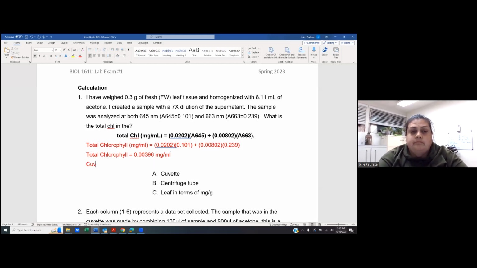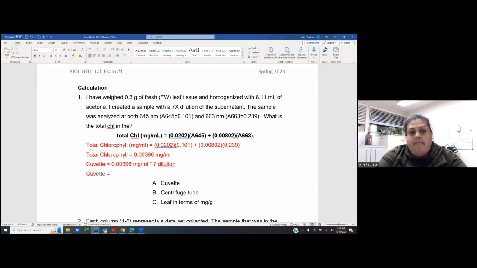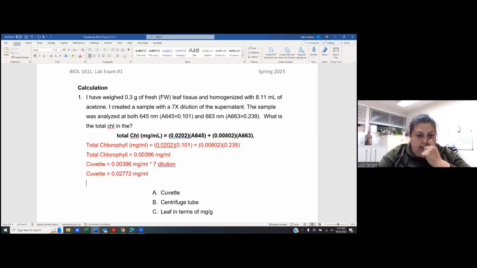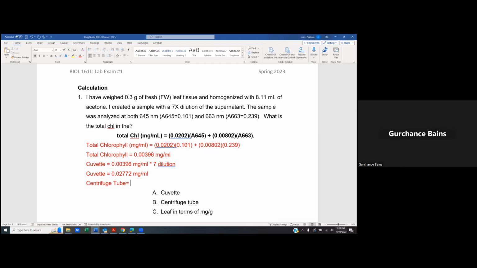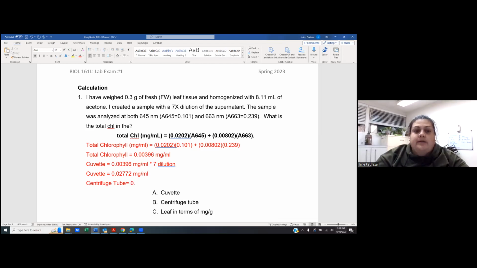Okay, what's next? I think we multiplied it by the volume, the 8.11, to get the centrifuge tube. Yep.